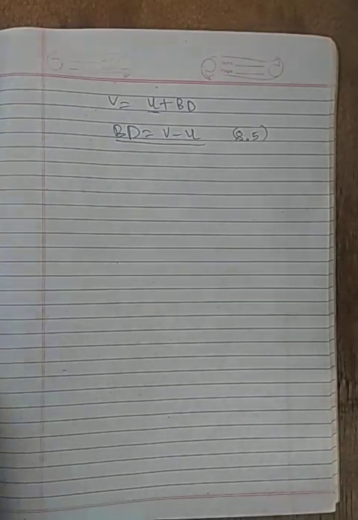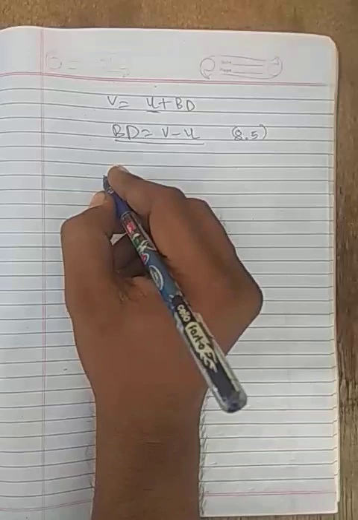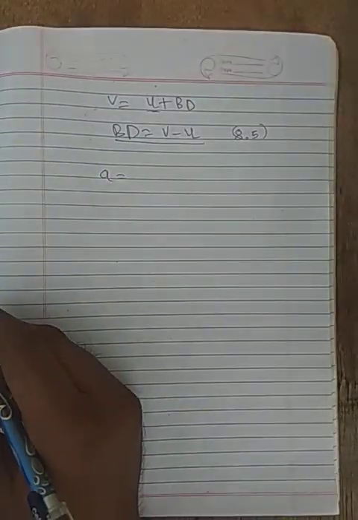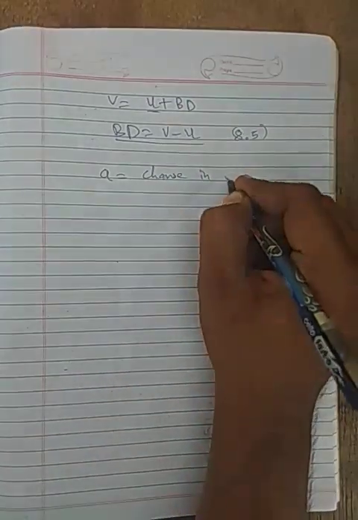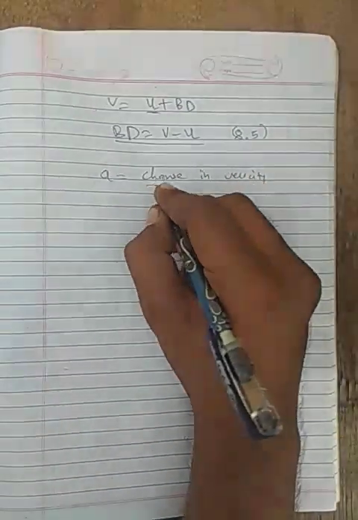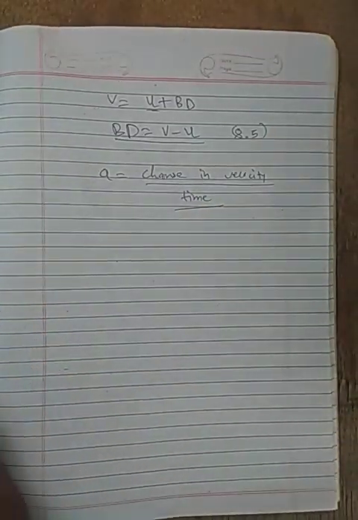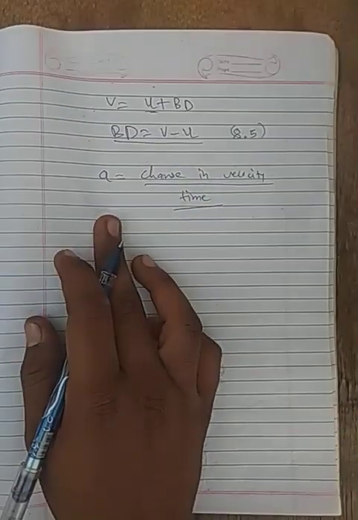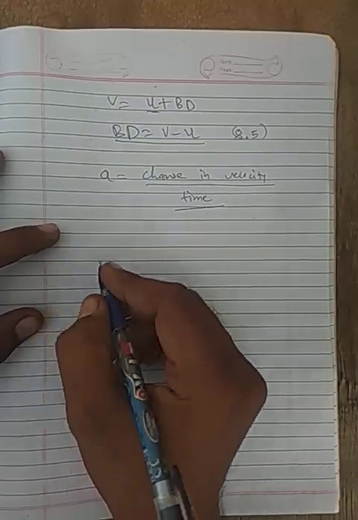Now from the graph, you can say that the formula of acceleration is equal to change in velocity upon time taken. This is the formula of acceleration which we have studied earlier.